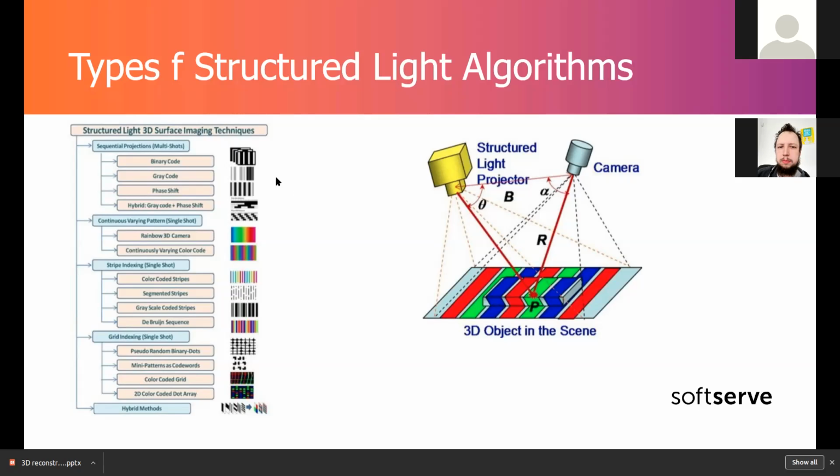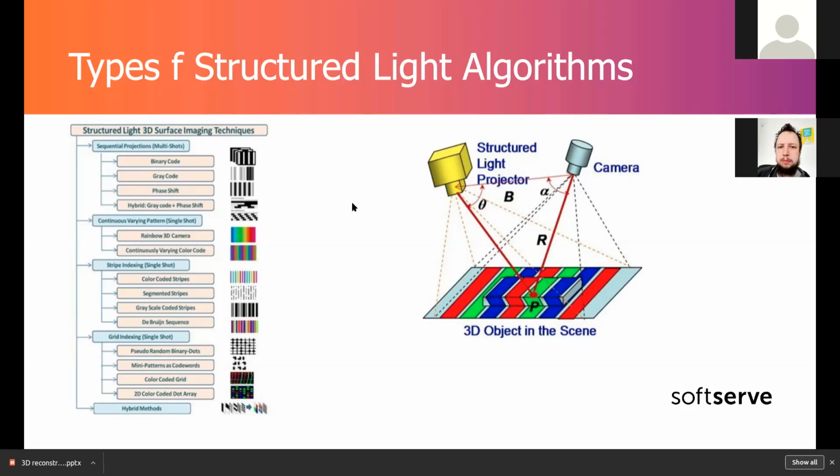So phase shifting is a little bit different technique. It uses a periodic sinusoidal or cosine signal to project on the object, and then we also capture it, but the decoding procedure is a little bit different.